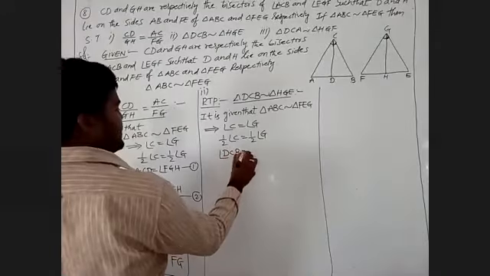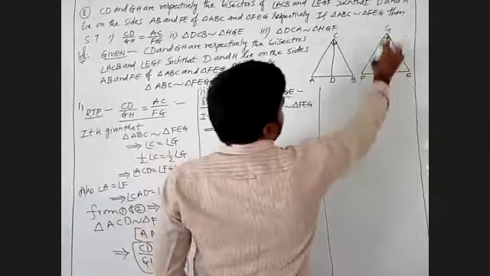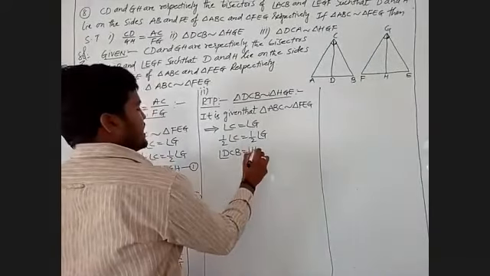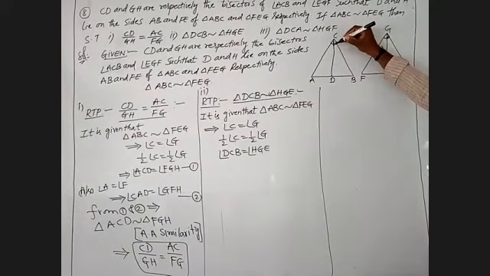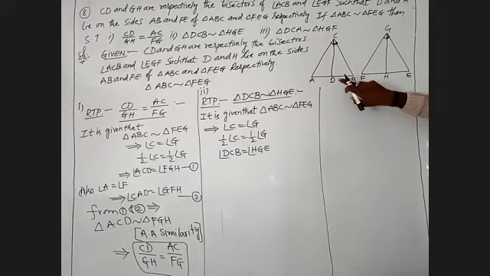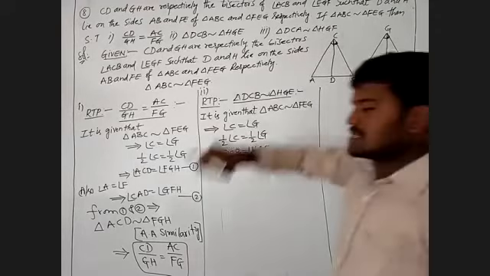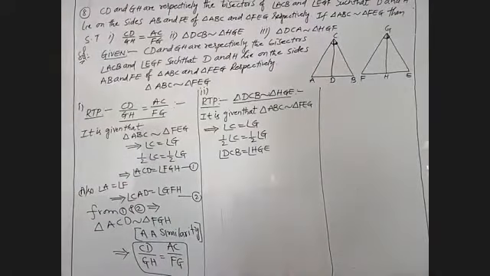Angle DCB is nothing but angle HGE. The half part of the given angle must be written as DCB, and here the given one is HGE. DCB is nothing but HGE. This is my equation number 3.